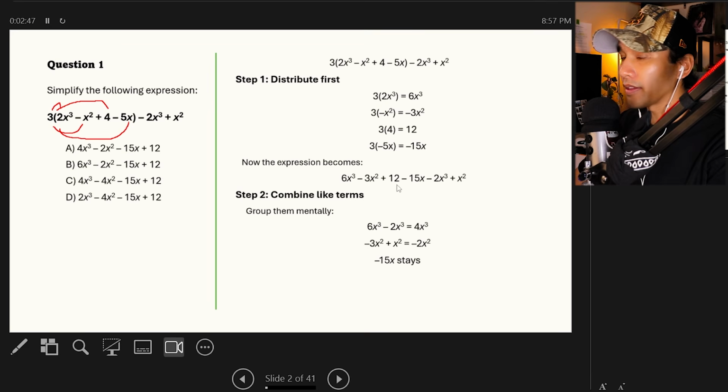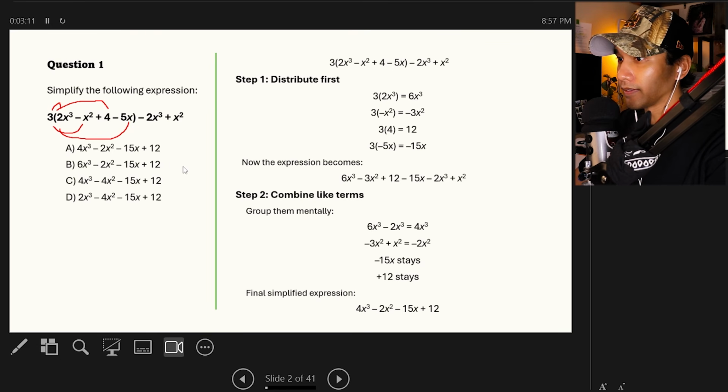Same with the 12. There's nothing more we could do to lower it to simplest terms because we've already done so. So we write the whole thing over again: 4x cubed minus 2x squared minus 15x plus 12. The simplified expression is as such, and that is answer choice A.